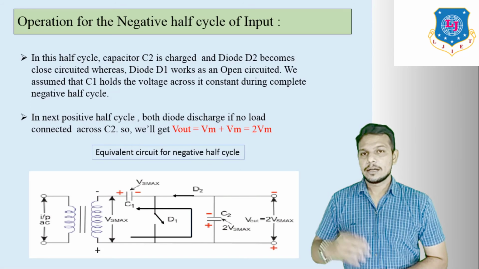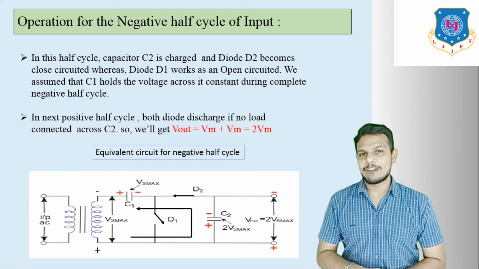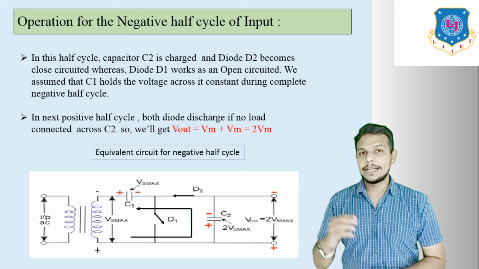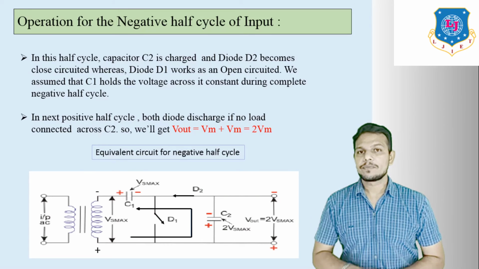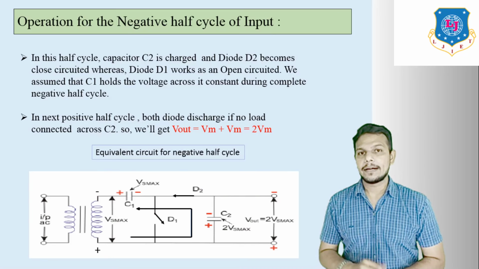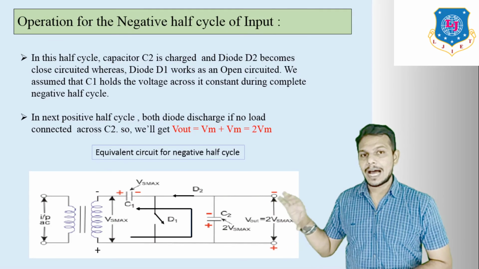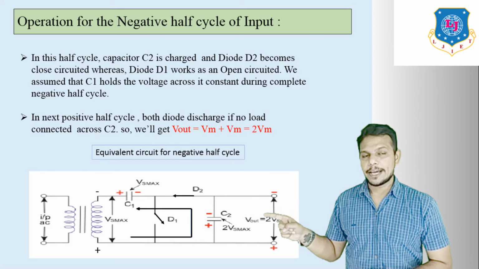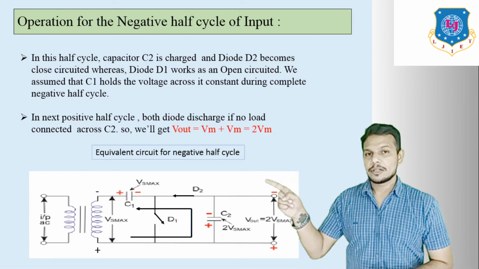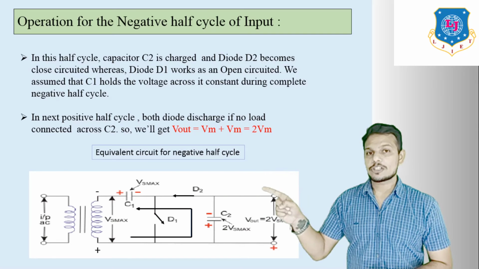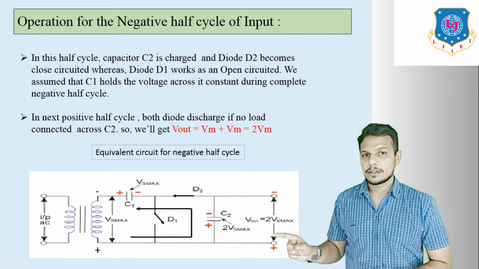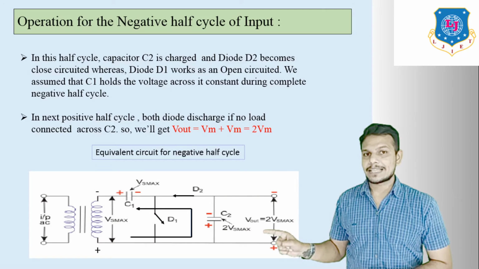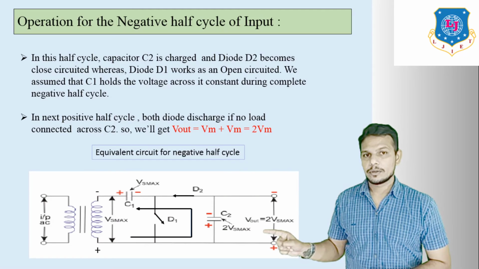Here you can see, in the next positive half cycle both diodes discharge if no load is connected across C2, so we will get the output voltage. Your final output voltage is the Vm already charged in the positive half cycle across capacitor C1, and V2, which is across capacitor C2.